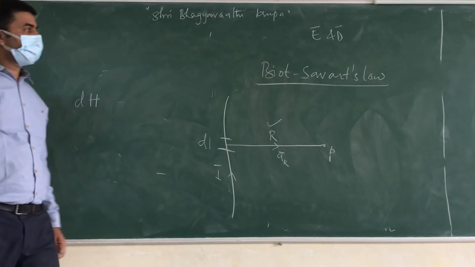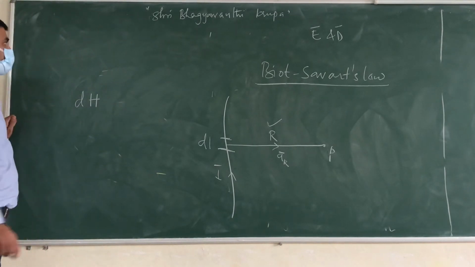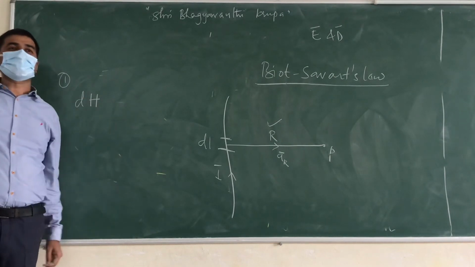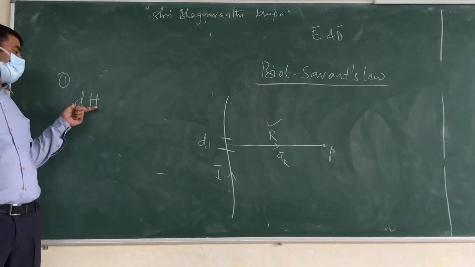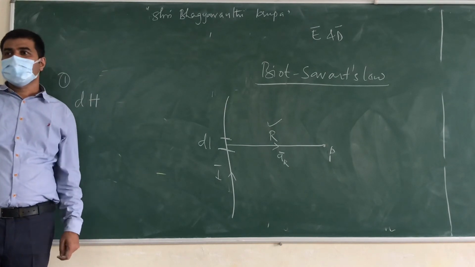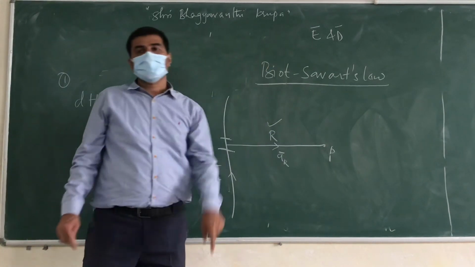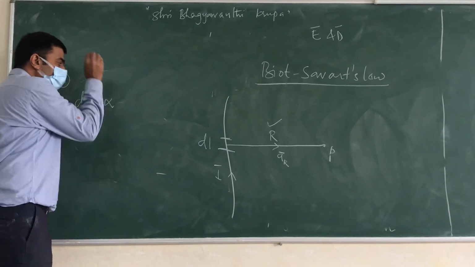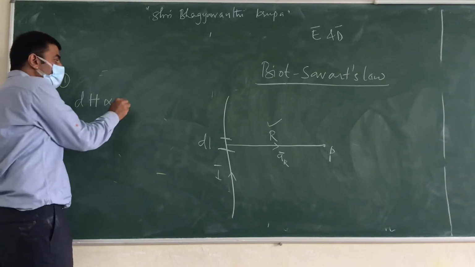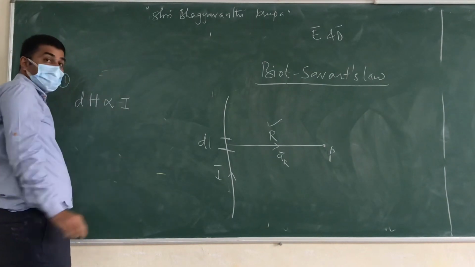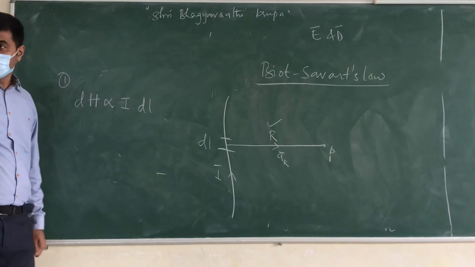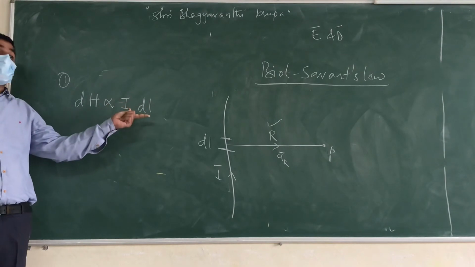Biot-Savart's law states that the differential magnetic field intensity at point P is proportional to the product of I and differential length dl.